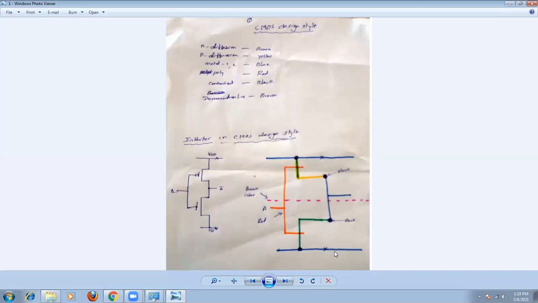If the number of transistors is greater than 8, for example 9, 10, 11, up to 12, we can use another cross like this. For every 4 transistors, we can use one extra cross on the VDD line as well as the VSS line. That is the main thing you have to remember in this case.